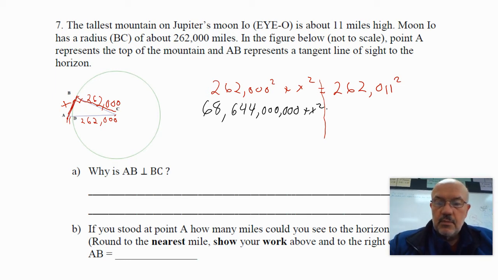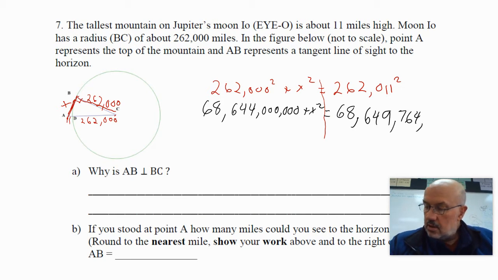Big numbers. Plus x squared equals 68 billion 649 million 764,120.